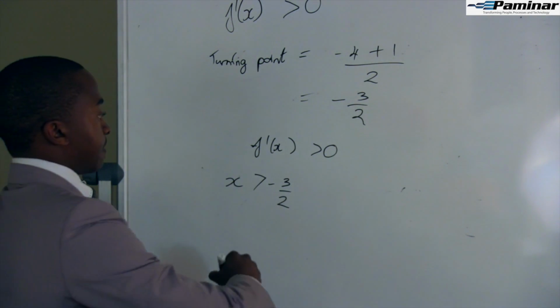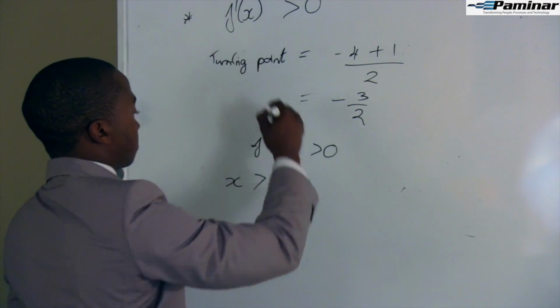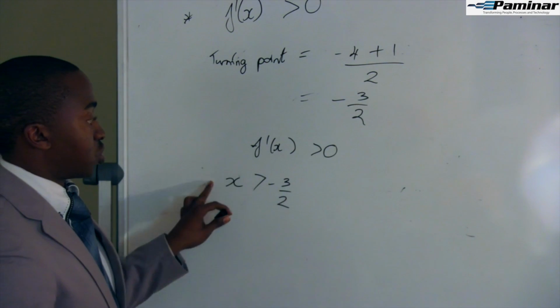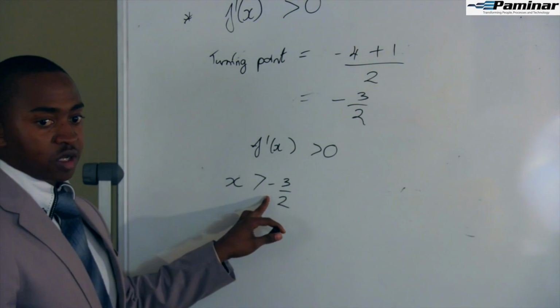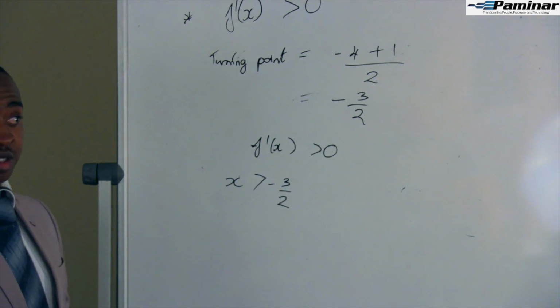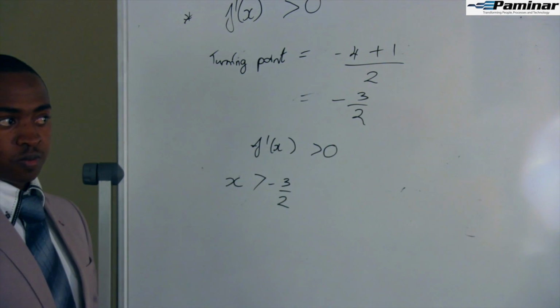So we base everything on that midpoint value of x. And then using the same knowledge, we're going to tackle 10.2.